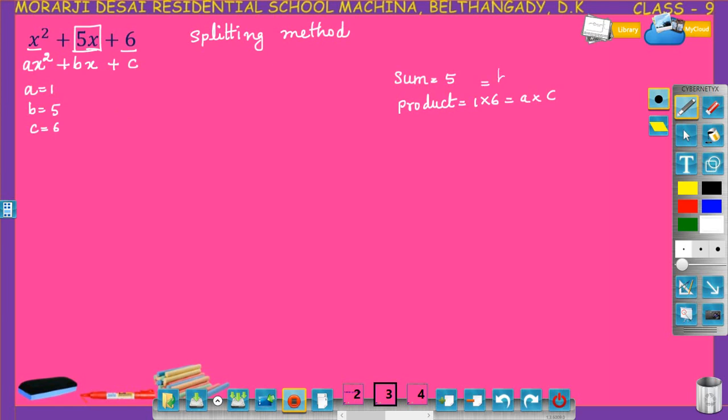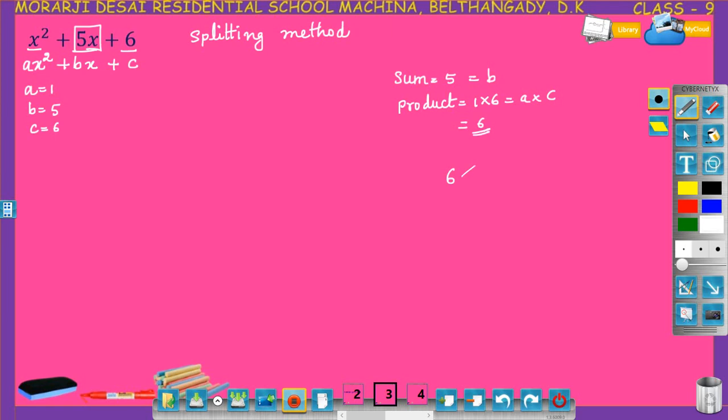Sum should be equal to b. We have to find two numbers such that their sum is equal to b, that is 5, and product is equal to a into c. Here a is 1, c is 6, so 1 into 6. Find two numbers such that their sum is 5 and product is 6.